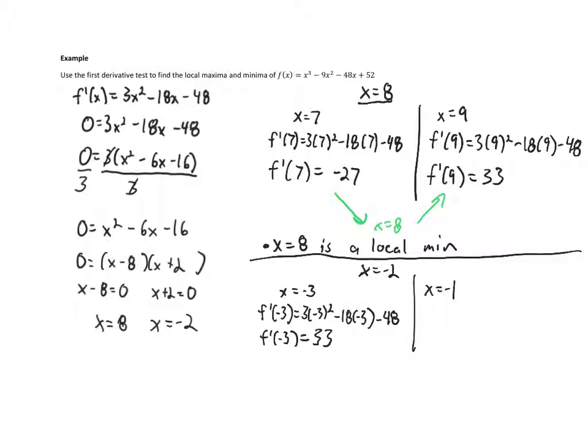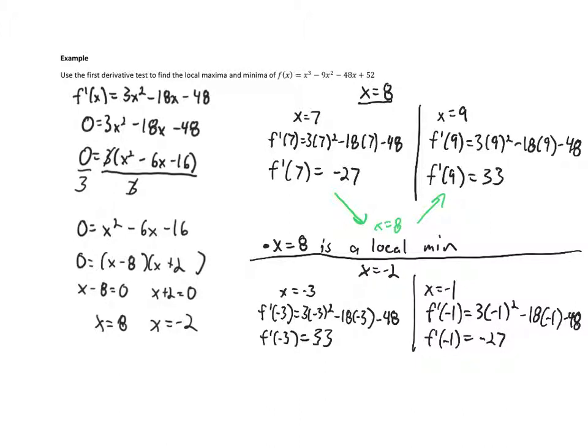And if I plug in -1, f prime of -1 would equal 3 times -1 squared minus 18 times -1 minus 48. So f prime of -1 equals -27.